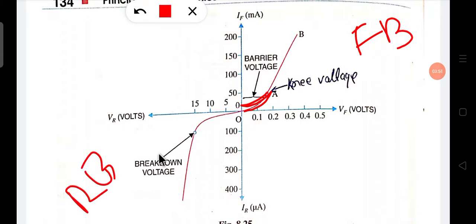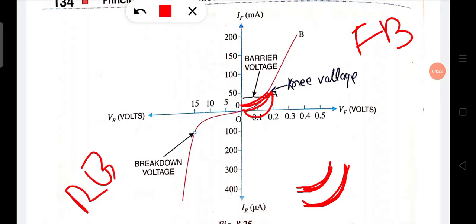In forward bias, from O to A, there is a slowly increasing curve, because in this duration the depletion region gradually decreases. The applied voltage is used for decreasing the depletion width, so the current increases gradually.